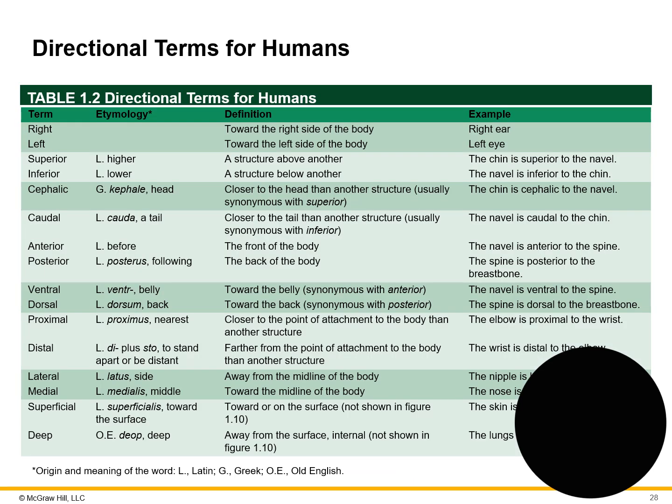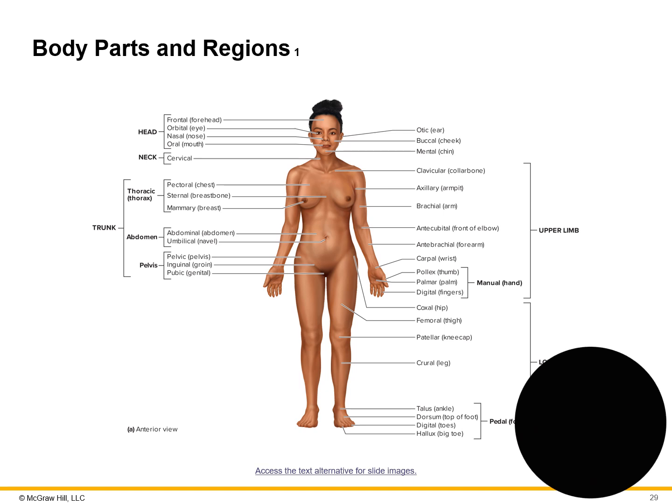So make sure you look at these terminologies from this table. Also, what are the upper limbs, then the lower limbs, and what are the different structures? We're going to go deep. For example, the pectoral region, the chest region, pectoral muscles. We're going to go over that.